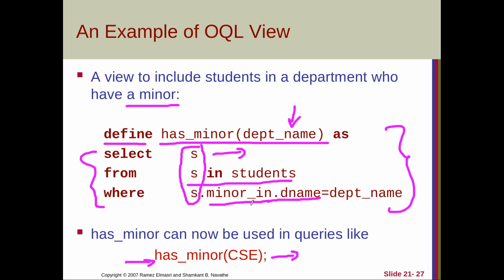Some complex queries can be written only once. Give a view name, and later by using that view name, we can execute the same query again. Has minor of CSE: CSE will come here. Select all the students from students where minor in CSE. Whichever students have minor CSE will be selected by using this view name. So this is a simple way of using the object query language.